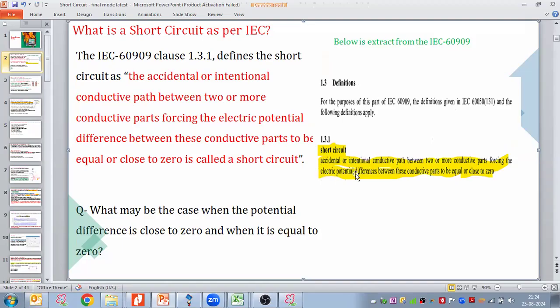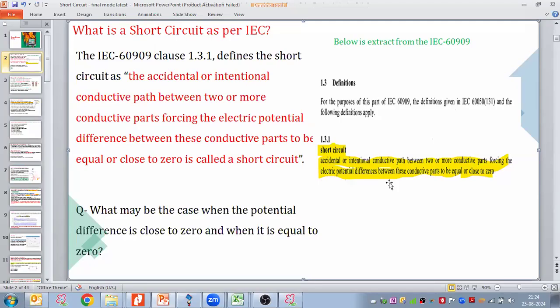An accidental or intentional conductive path between two or more conductive parts, forcing the electric potential difference between these conductive parts to be equal or close to zero.